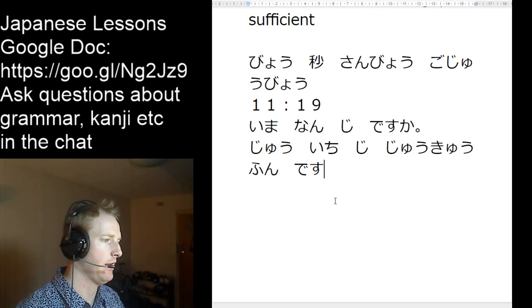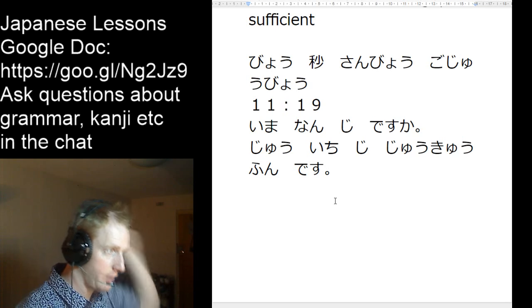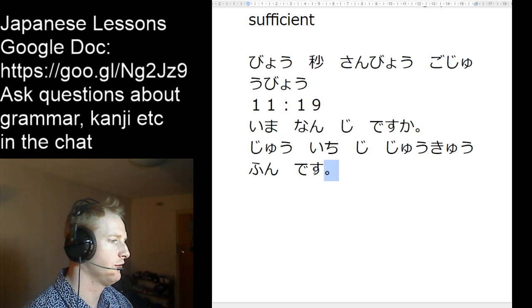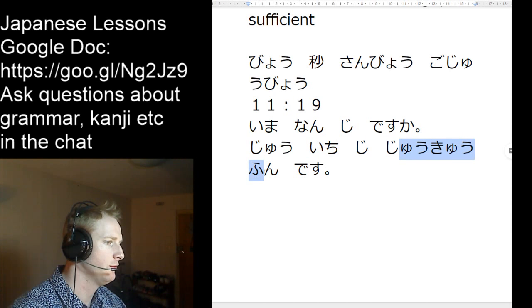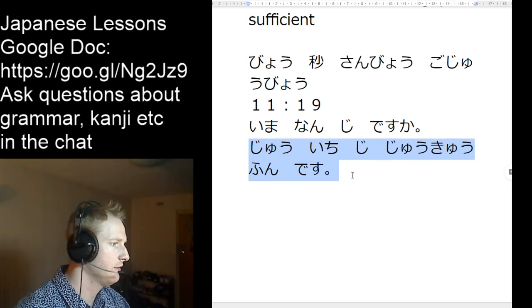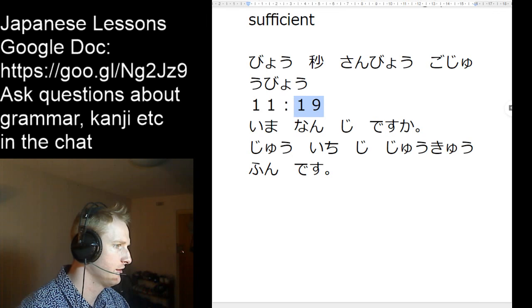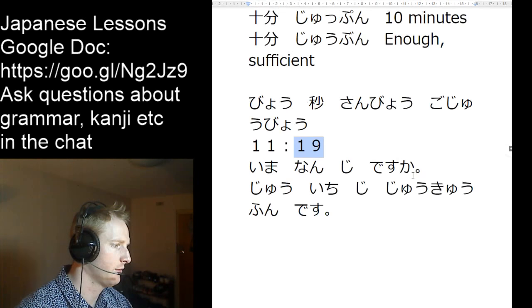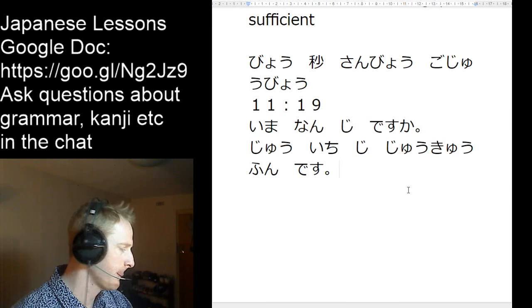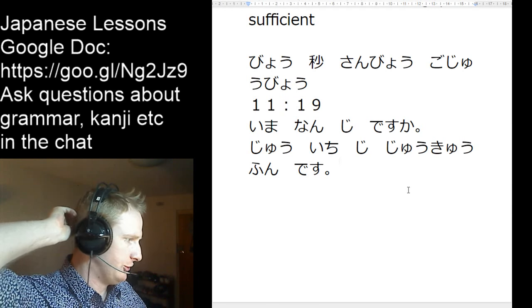Alright, and then to be polite, put a desu on the end, right? Because we had a desu in the question, so we should really put a desu in the answer. So 11時19分です. Alright, pretty much an easy time, this one. 19 is, if we remember back to our table up here, not in this table, so it makes it a bit easier to remember. Alright, so 11時19分です.